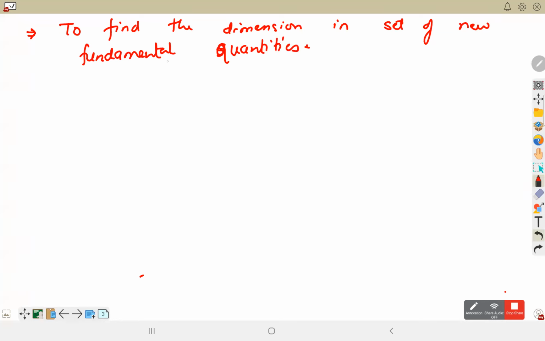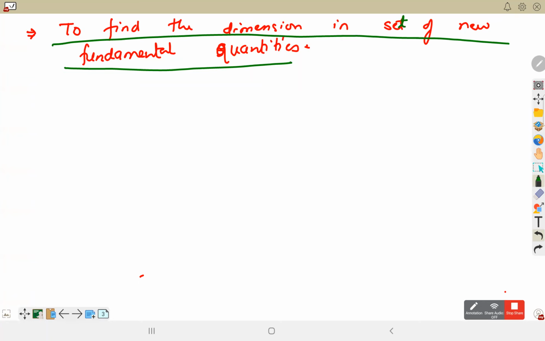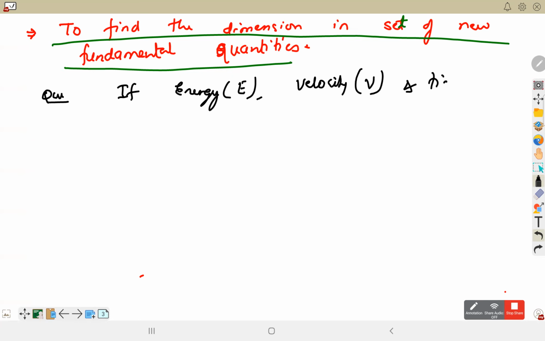Hypothetically, suppose we design a new system in which instead of mass, length, and time, we assume a new system. Randomly, we can take any three quantities which involve MLT dimension. Let's take this again with the help of an example. Suppose energy, velocity, and time are assumed as fundamental quantities. This is again an exam question.